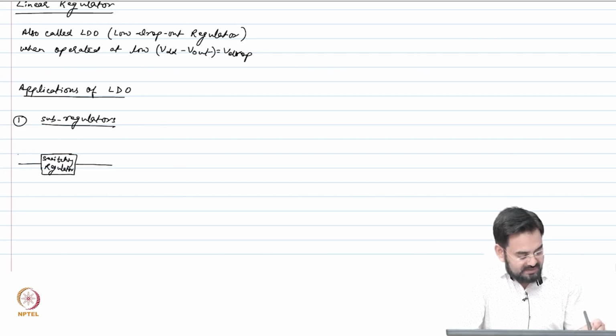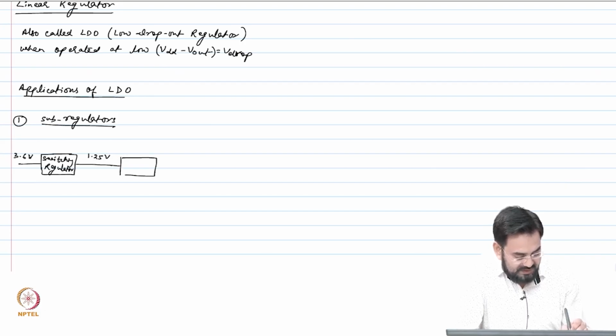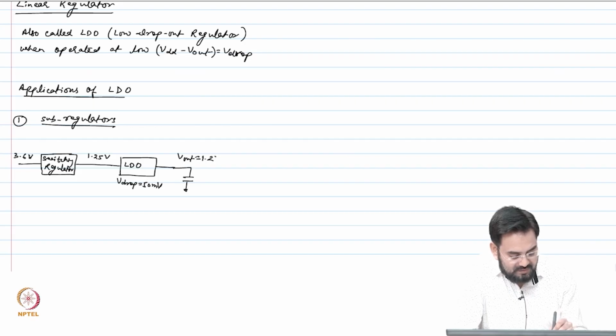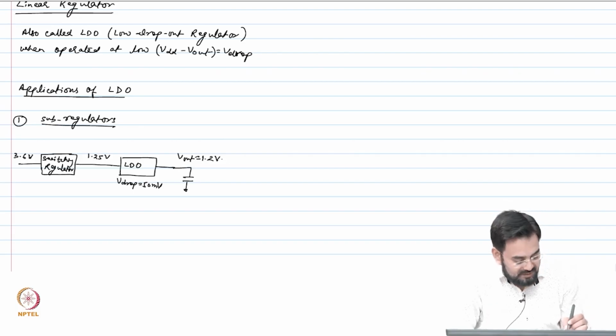So let's say this guy is 3.6 volt, you regulate at 1.25 volt and put this LDO with 50 millivolt V drop, and this is your V out. Okay. So this is called sub regulator.